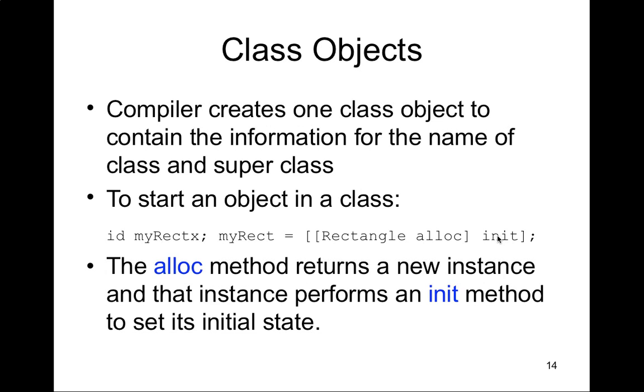Then in this one we're running init on the result of this, the newly formed object, and we're assigning it all to myRec. myRec is of the type ID. So the alloc method returns a new instance and performs an init method to set its initial state. And I'll show you the initializers on Wednesday.